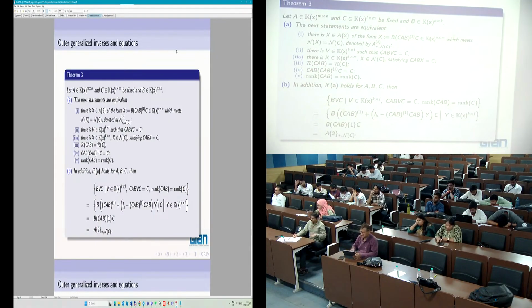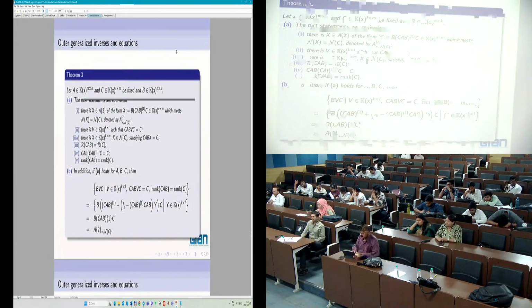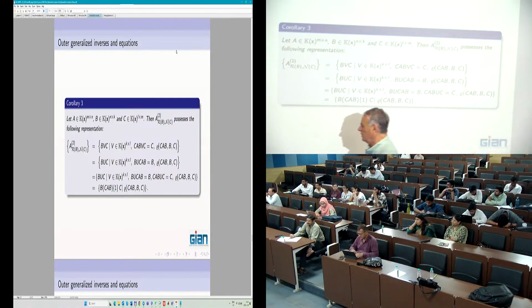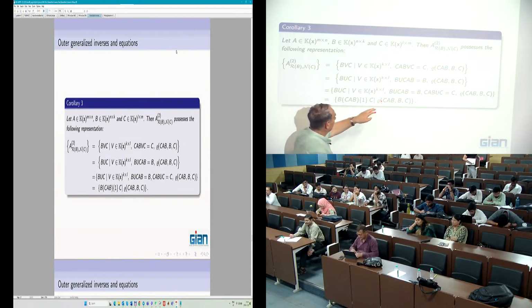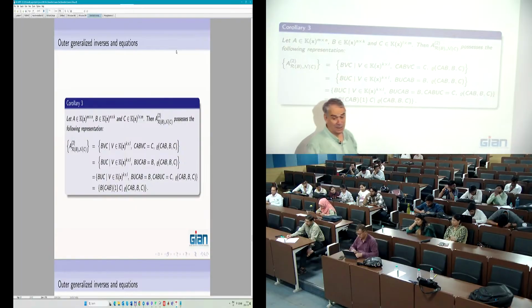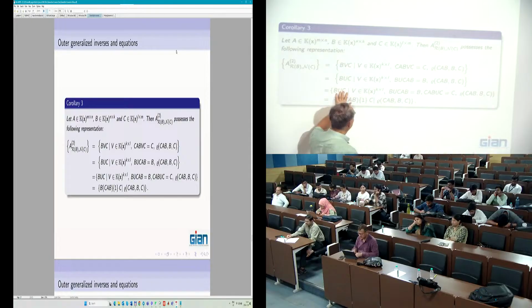We can consider B equal to rank of C. And the result, where we defined both range and null space, is obtained as rank equalities. This notation rho is practical, it saves space, because rank of CAB equals rank of B equals rank of C will be required.